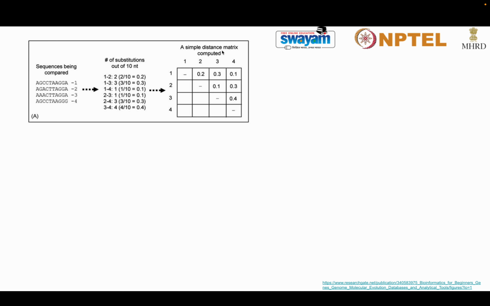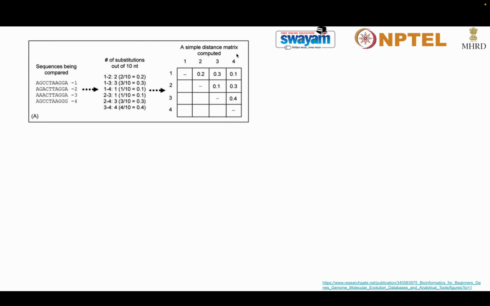So for the matrix, you'll place the sequences in both the rows and columns, and then you'll place the fractions. For example, when you compared sequences 1 and 2, the fraction you obtained was 0.2. So the distance will become 0.2 and you will place it in the matrix here. Similarly, for 2 and 1 it will also be 0.2.